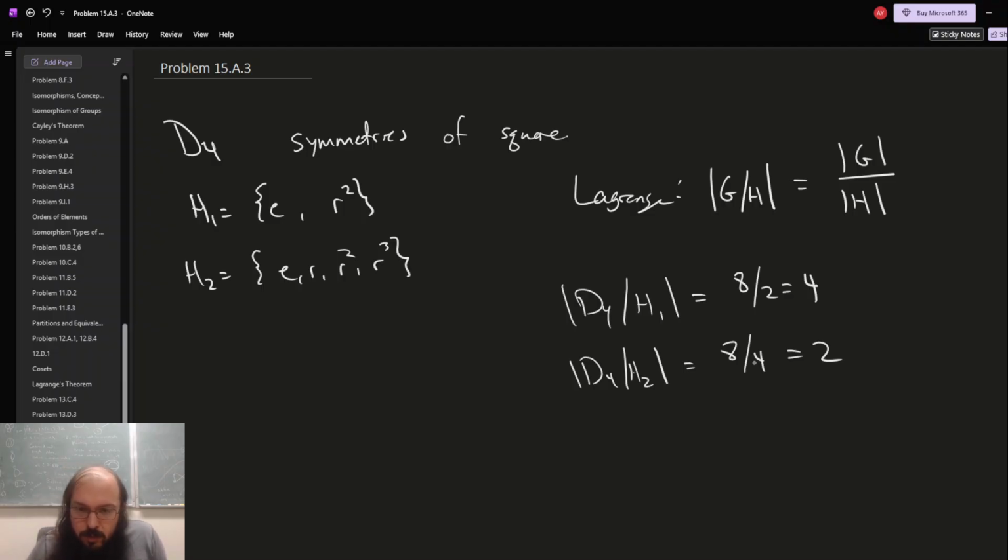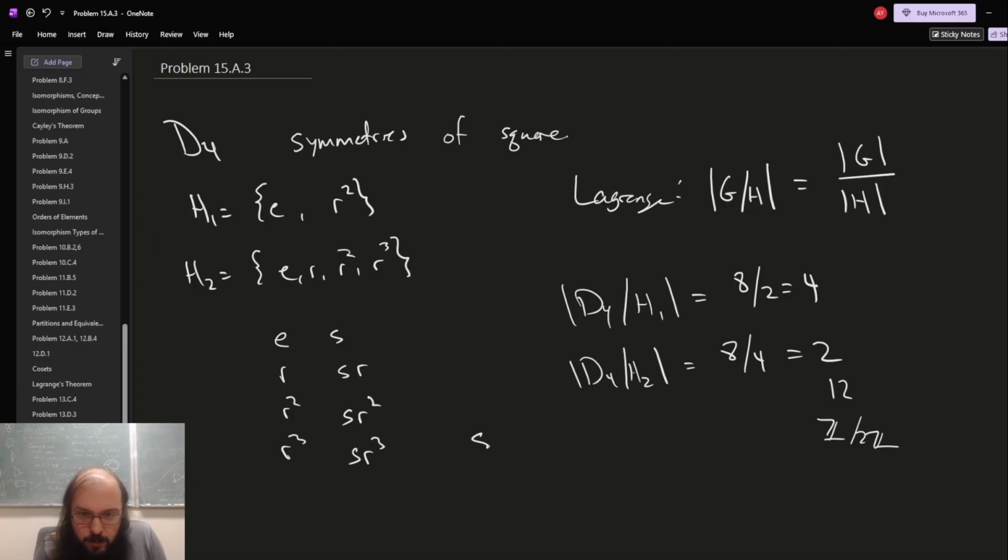Now, this allows us to immediately dispense with the second example because there's only one group of order 2. The group of order 2 is isomorphic abstractly to Z mod 2Z. And so to convince ourselves of this, we can just remember what the elements of this group are. We have the 4 rotations, and then we have the 4 reflections.